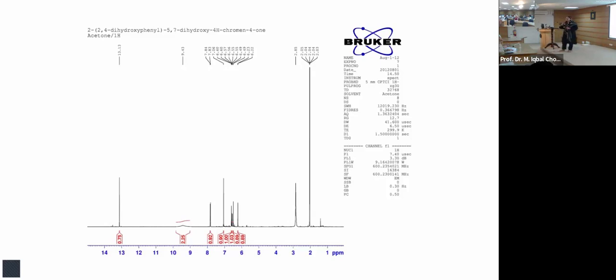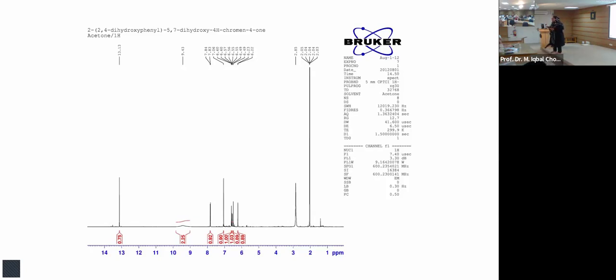Why do we need dummy scans? Whenever the NMR spectrometer starts giving pulses, there is a slight change in the temperature, right?